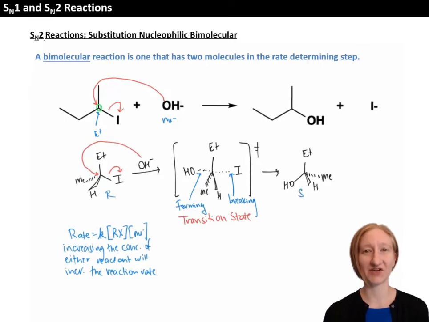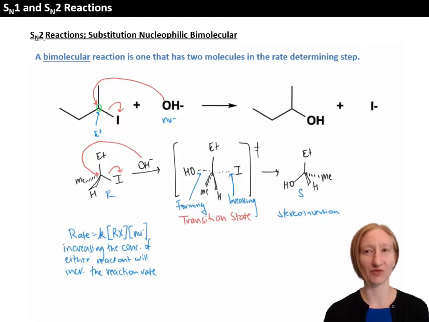Second, the stereochemistry at the electrophilic carbon, the one bearing the leaving group and the nucleophile, is inverted, meaning as the leaving group leaves, the nucleophile attacks from the other side, the backside attack, and that places the nucleophile in the opposite orientation from the leaving group. We call this stereoinversion.